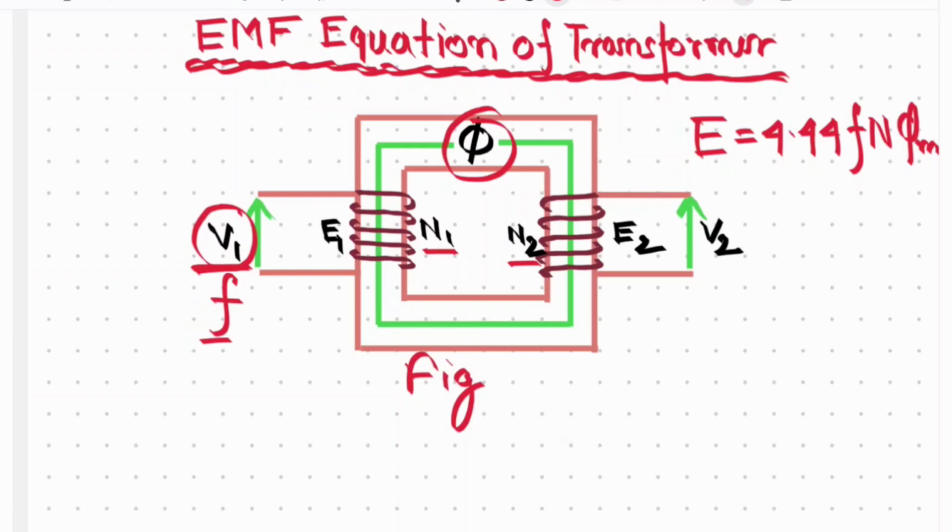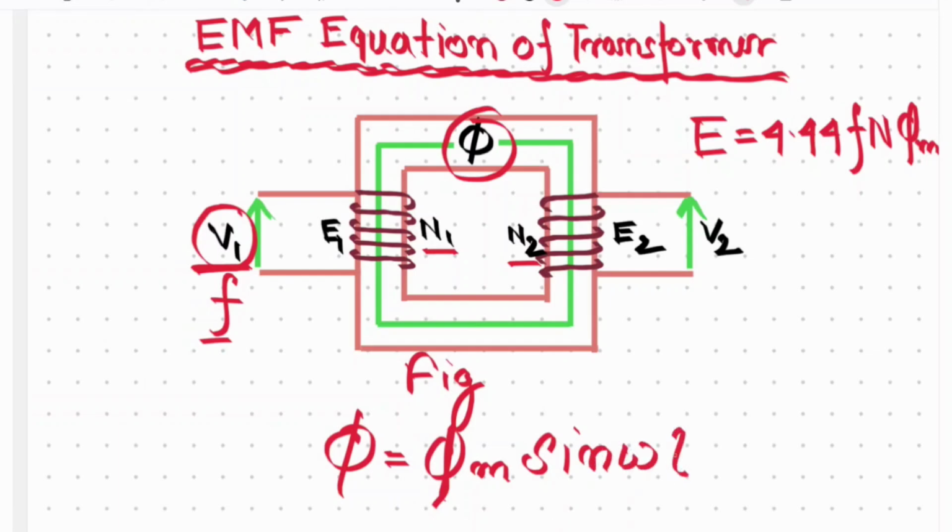Now if we assume a sinusoidal AC voltage, then the magnetic flux can be given by phi is equal to phi m sin omega t. So this is equation 1.